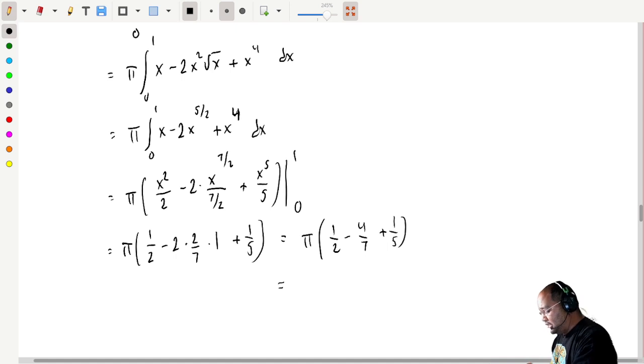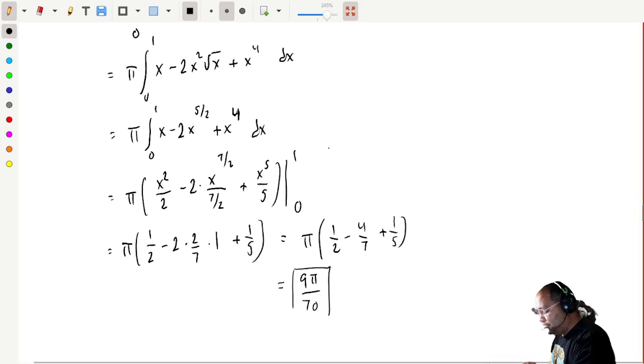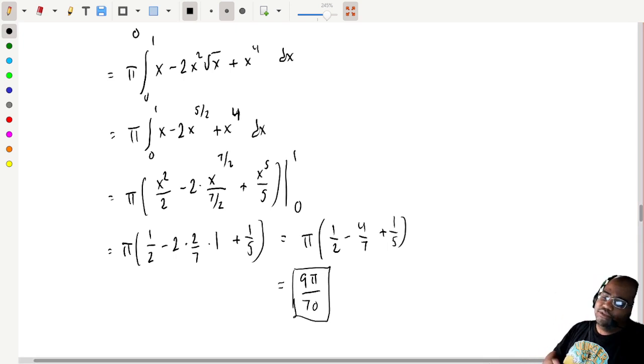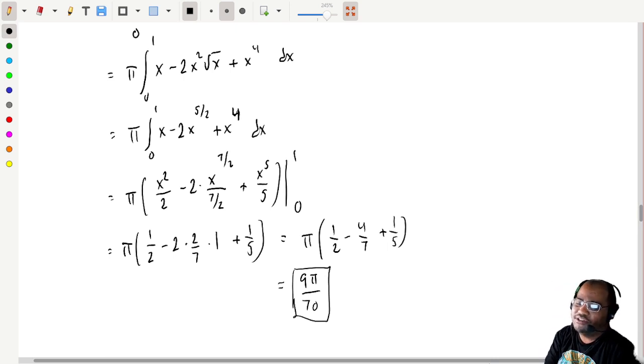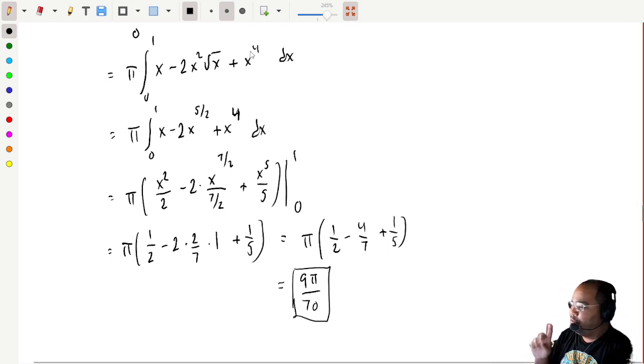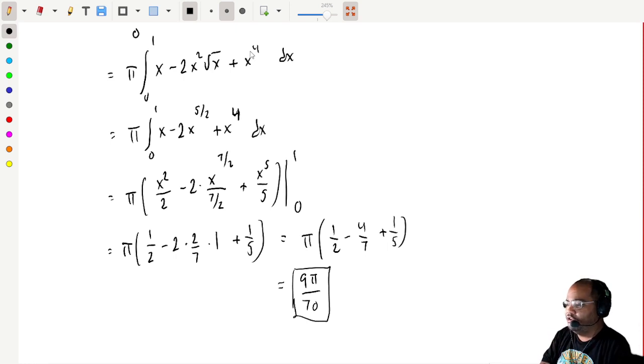That inside part is just 9 over 70. So we just get 9 pi over 70 as our volume. So straightforward. The only hard part here was dealing with that middle term, that x squared square root x. So if we remember our basic patterns, we can go ahead and tackle anything.